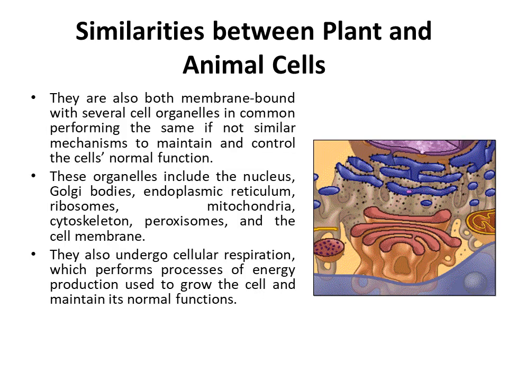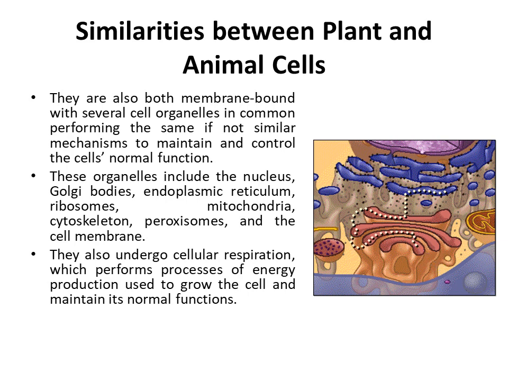Both plant and animal cells have membrane bound cell organelles, and they perform similar functions in both types of cells, but sometimes the mechanism to maintain and control the cell's normal function is not that similar.